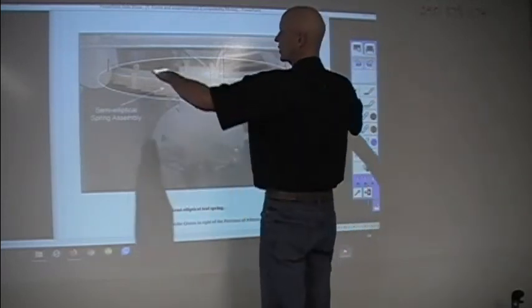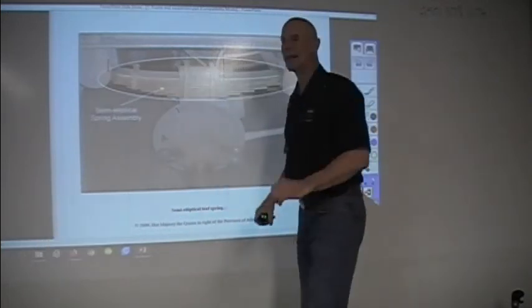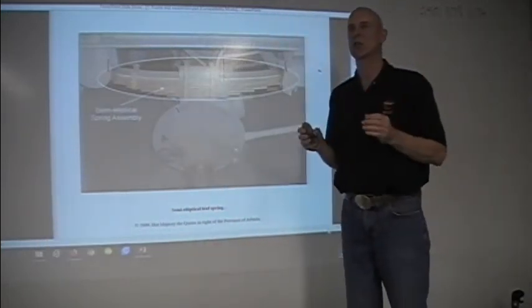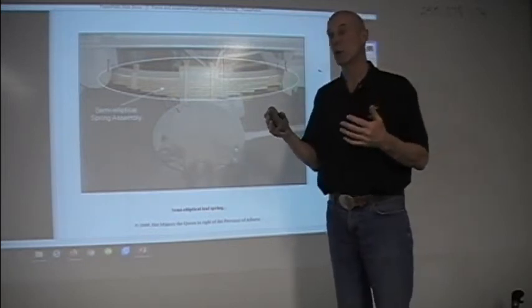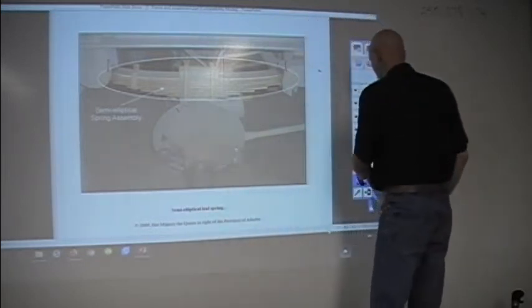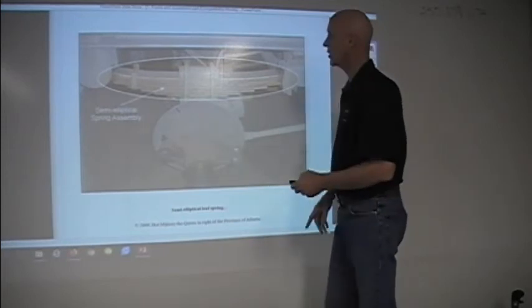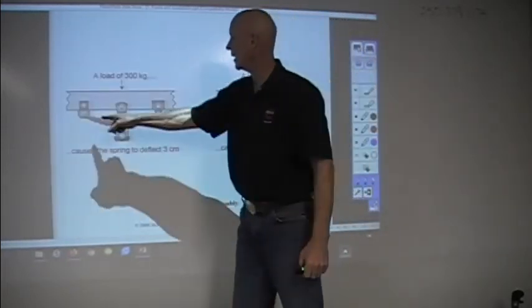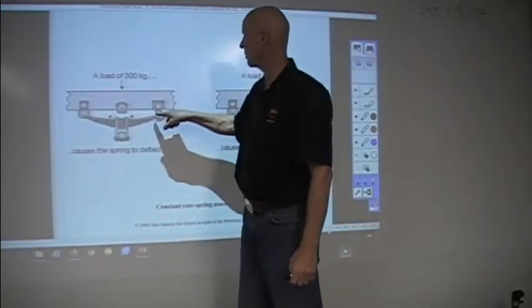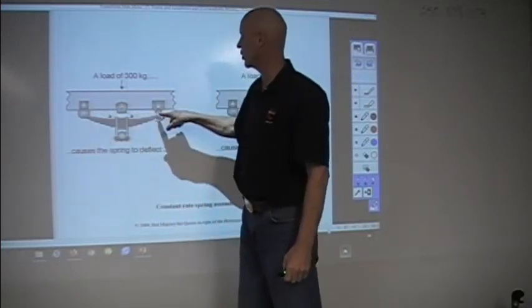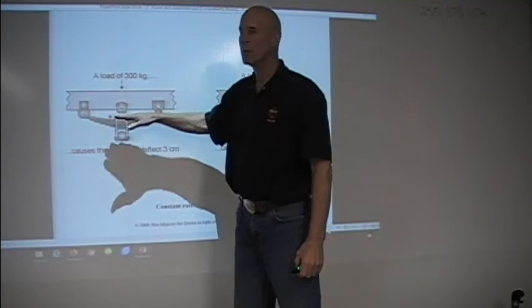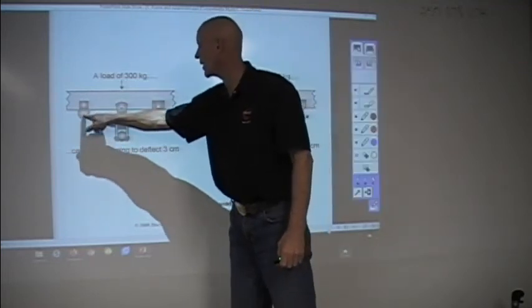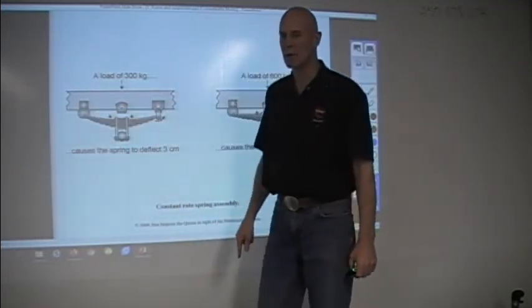As this spring straightens out, the length changes, it shortens. So we can vary, that's why it's called a variable rate spring. If we take a look at how a constant rate spring works, this is a constant rate spring because this length never changes. It might pivot as it moves up, but the overall length from this point to this point never ever changes.